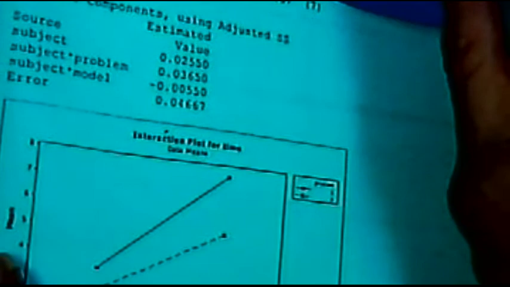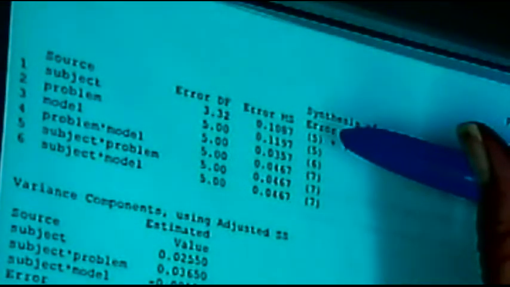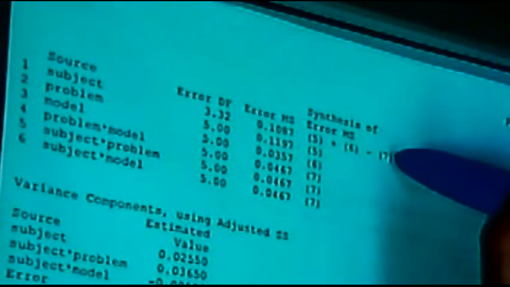It said for the denominators, starting at the bottom, 7, 7, 7, then 6, then 5, and then for the hard one, 5 plus 6 minus 7.